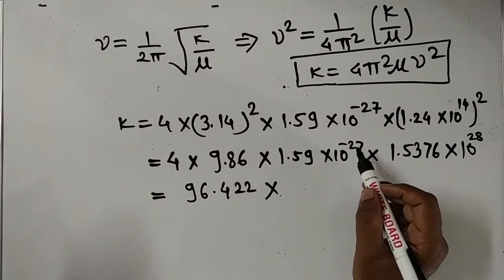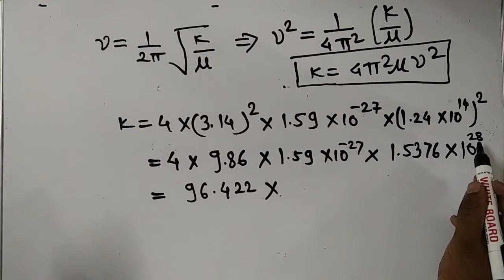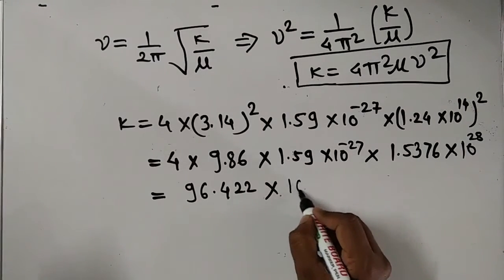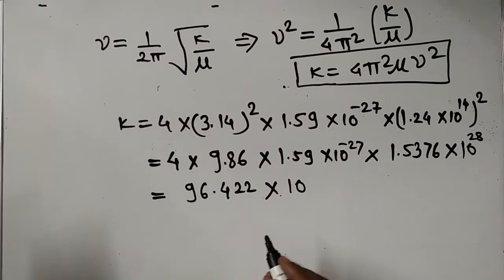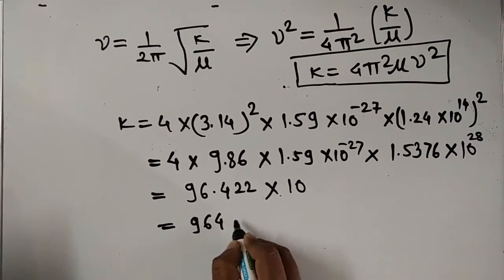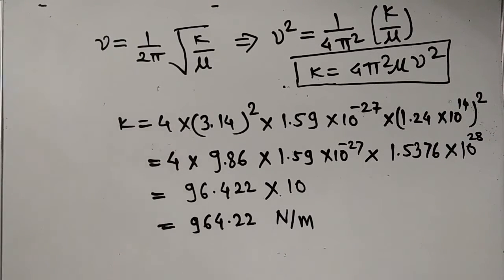So it is 10 raised to minus 27 into 10 raised to 28, right? So 28 minus 27, that number comes out to be 10 raised to 1, and that is equal to 10, right? So 10 raised to 1 is 10, and therefore I can write 964.22 Newton per meter. So we have calculated K, the first constant.